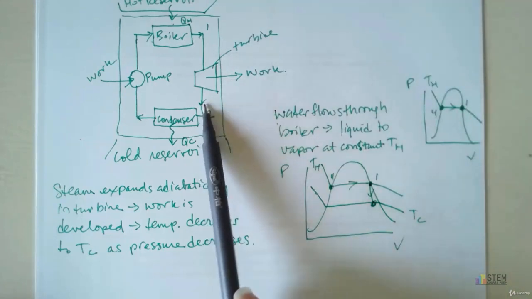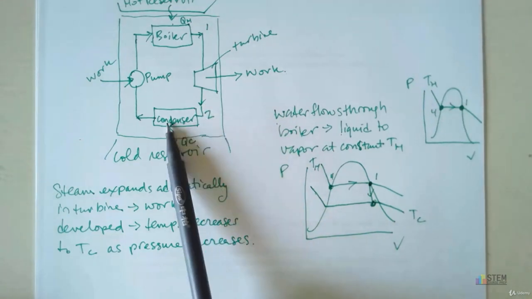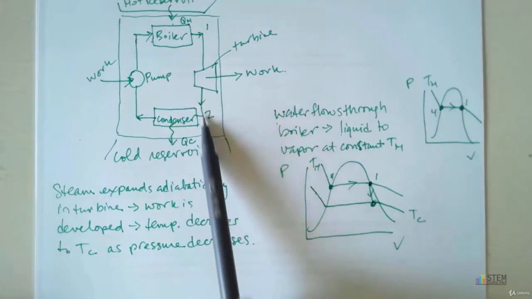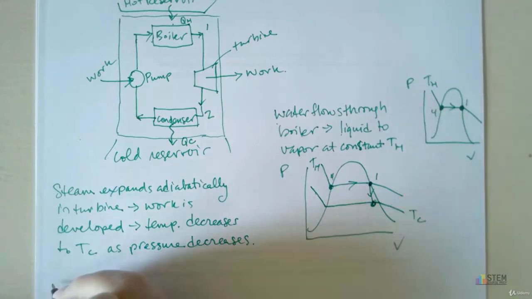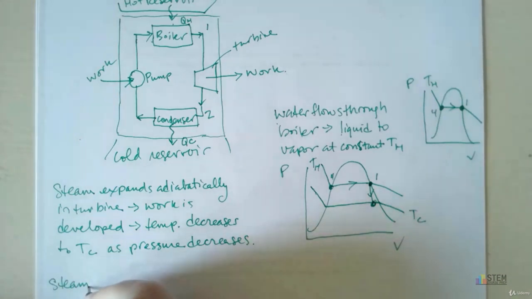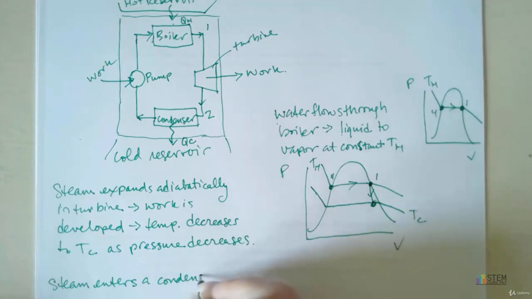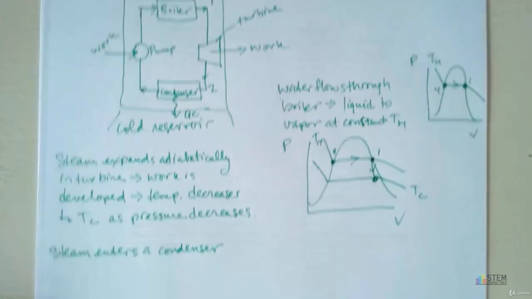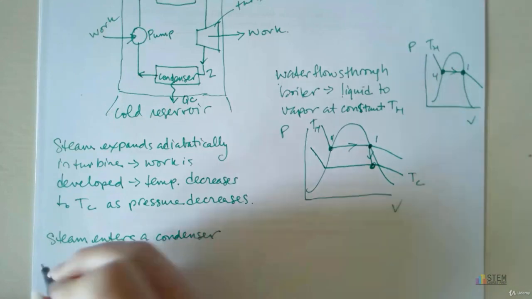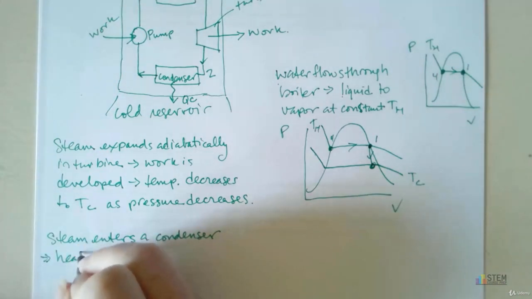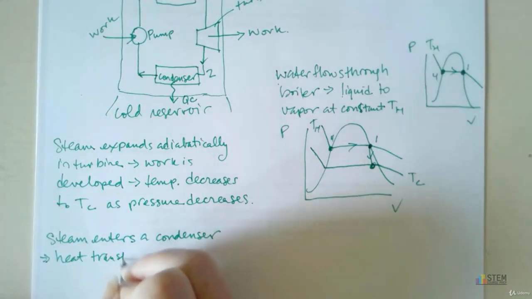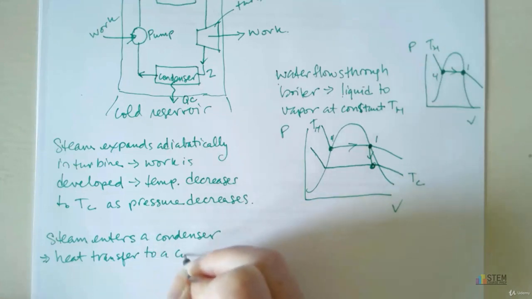Now, after that, we are going to go through the condenser. So we still have steam at this point right here. So now we can say that steam enters a condenser. And now what happens is we're going to have heat transfer to a cold reservoir.